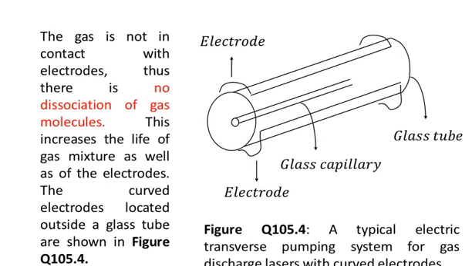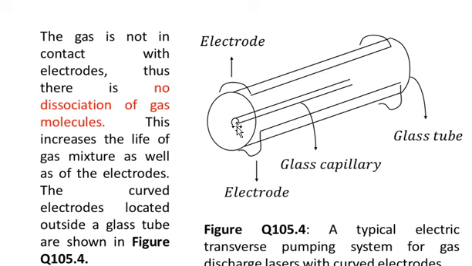For example, in this figure you can see that there is a tube, which we can call a glass tube, containing some gas over here, and there is a glass capillary tube through which the laser will come out from this end. The glass capillary tube is not a continuous tube, but it is a tube that is shorter than the glass tube size.